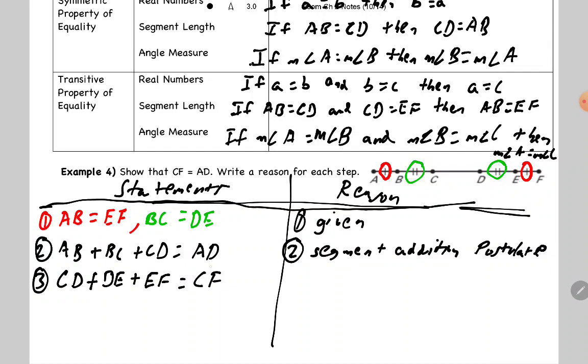So now we established what AD is and what CF is. Now how do we make them equal to each other? And what I'm writing here is that this is the segment addition postulate again. So now how do I get them to equal each other?